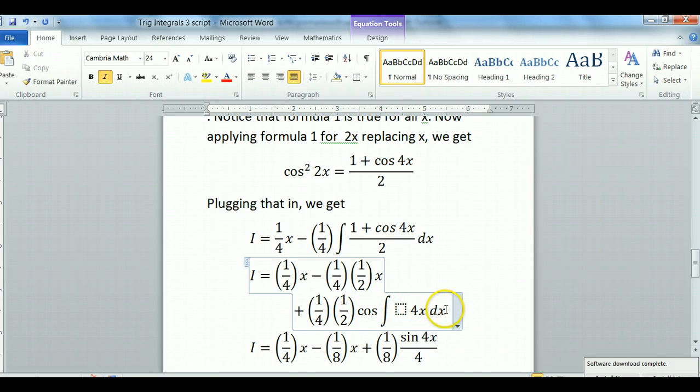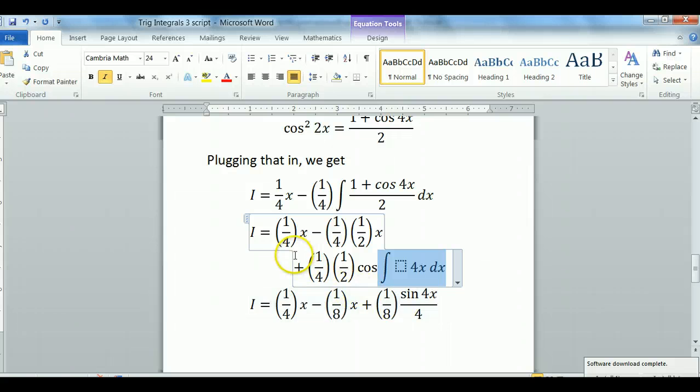Cosine 4x should be inside this, right? Now we can integrate, and you get 1/4 x minus 1/8 x minus 1/8 times the integral of cosine 4x, which is sine 4x over 4, and that is your answer.